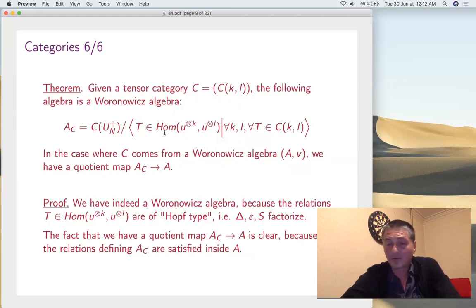So good, we have a construction now, and let's see what we have to do. Well, first we have to prove that it's a Woronowicz algebra. So this follows because anytime you add such a relation, delta epsilon is factorized. In other words, the ideal is a Hopf ideal there. There's a short computation there to be done.